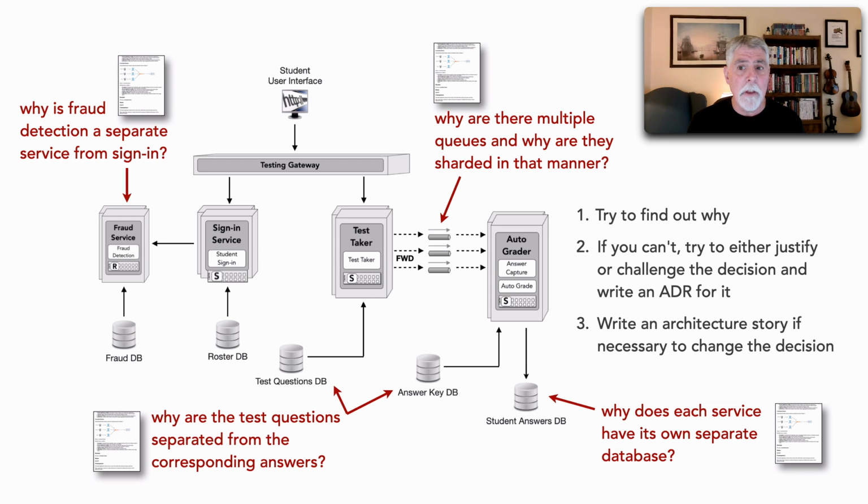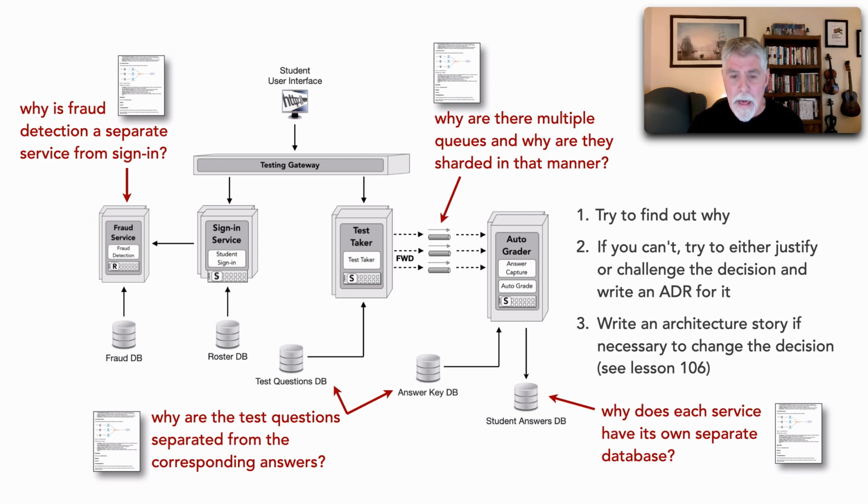And this is the value of starting to look at the architecture of an existing system and, quote, document it using architecture decision records. And if you're curious about architecture stories, look at lesson 106 in Software Architecture Monday. That's where I talk about those architecture stories.